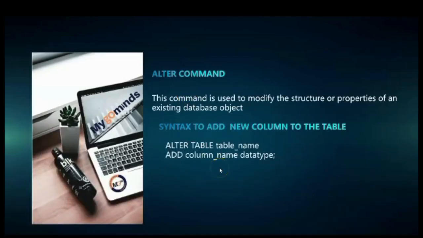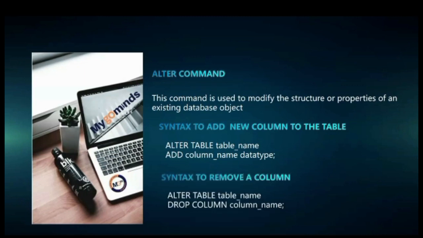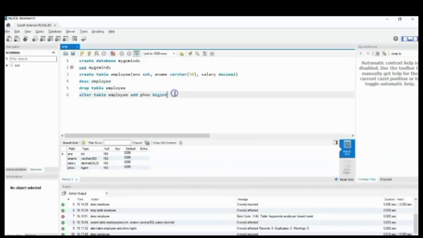Let's see the next command we can use with alter command, which is dropping a column from the table. The syntax to remove a column is alter table name, drop column name. Let us see this using MySQL Workbench.